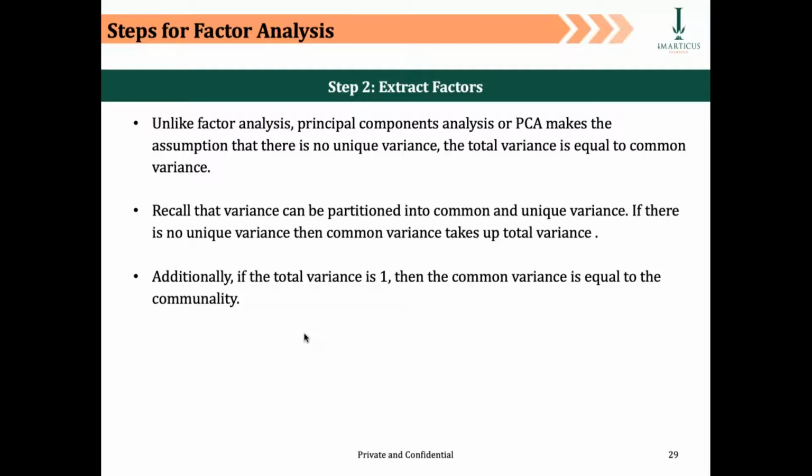Getting the point? Recall that variance can be partitioned into common and unique variance. If there is no unique variance, then the common variance takes up the total variance. Additionally, if the total variance is 1, then the common variance is equal to the communality.